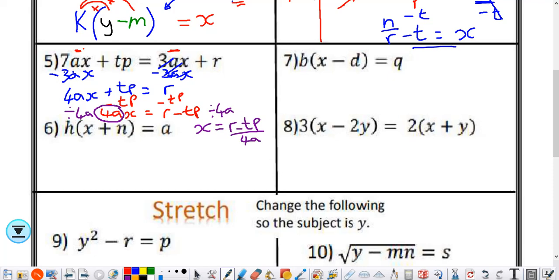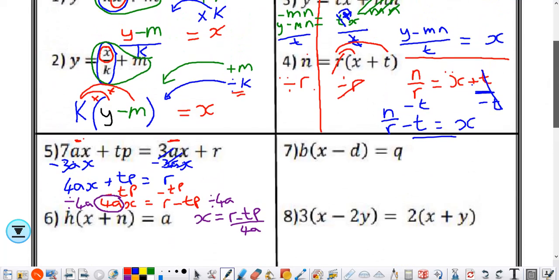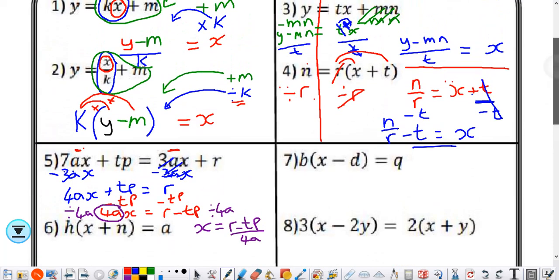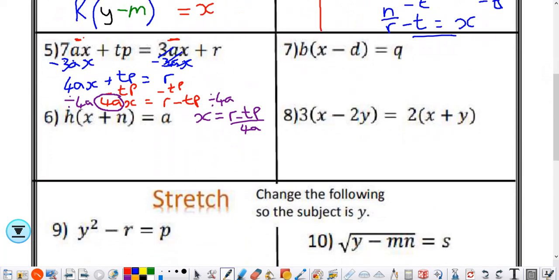Question 6. Similar to how question 4 was when r was multiplying the bracket, on this one we've got h multiplying the bracket. So again I can just divide straight through by h. That will cancel the h on the left and just leave me x plus n.